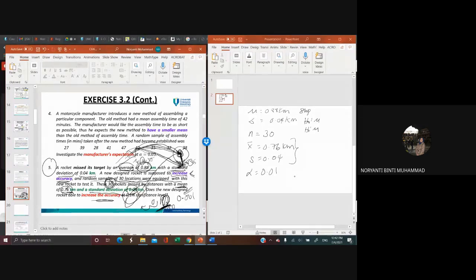So smaller, is there an equal sign? Guys, do you have an equal sign here? No. So if no, where should we put it? H0 or H1?